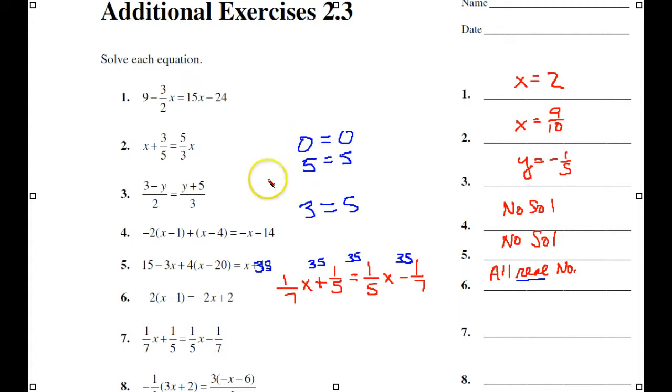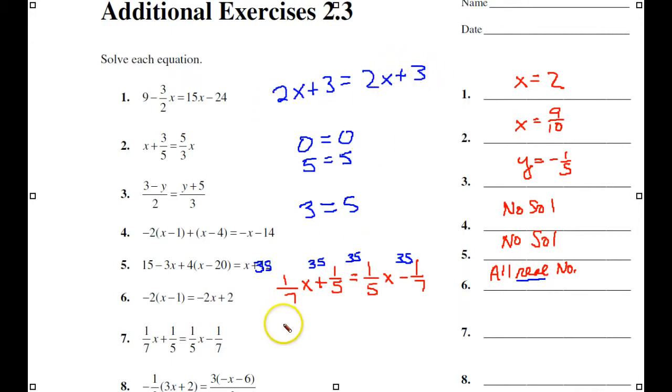So all real numbers. And an example of an equation would be like this. 2x plus 3 equals 2x plus 3. Now we went over that in our lesson, but just to remind you. So whatever value you put there, if a 1 there, this becomes a 2. A 1 there becomes a 2. 5 equals 5. That's why any number that you put there makes this a true statement.